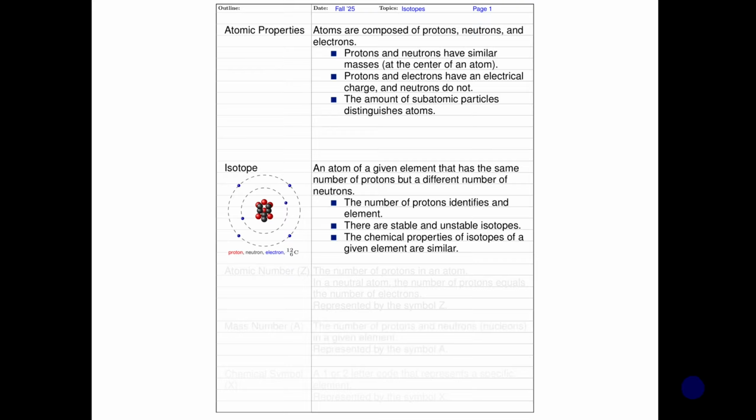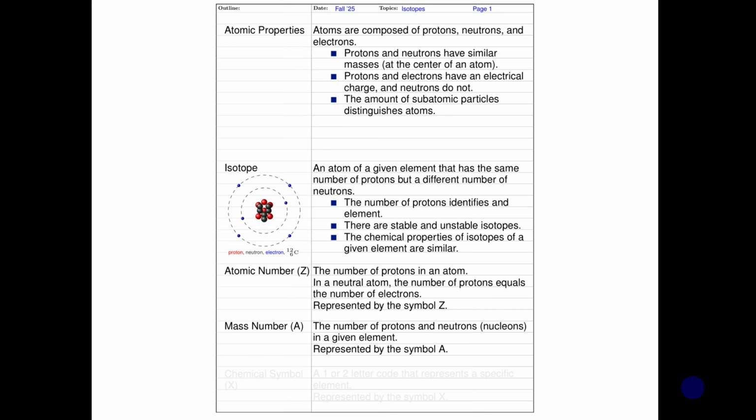Chemistry makes use of symbolic notation to represent chemical concepts. In order to understand chemistry, you need to be able to recognize and use chemical notation. The number of protons in an atom is called the atomic number and is represented by the symbol Z. Each element has a unique atomic number.